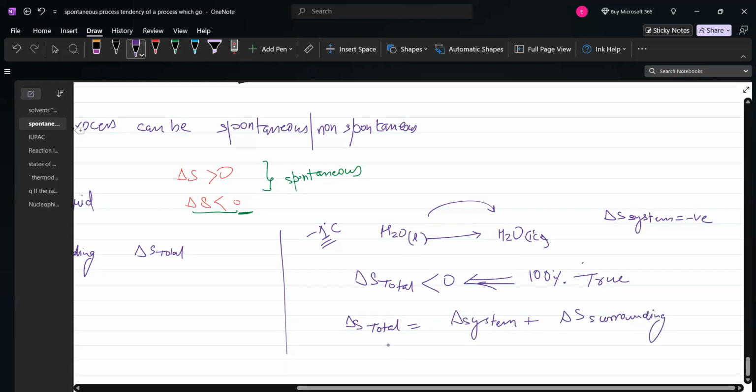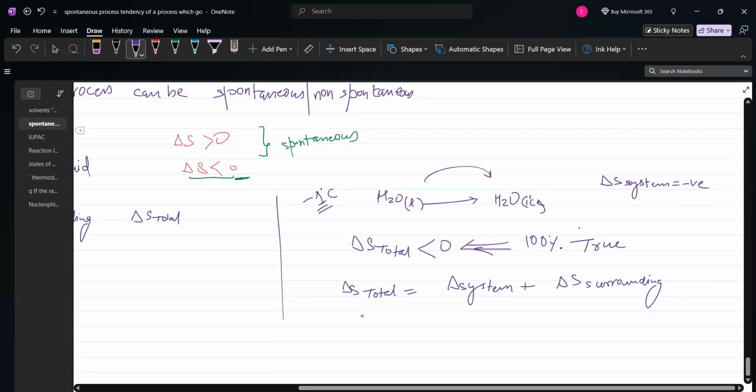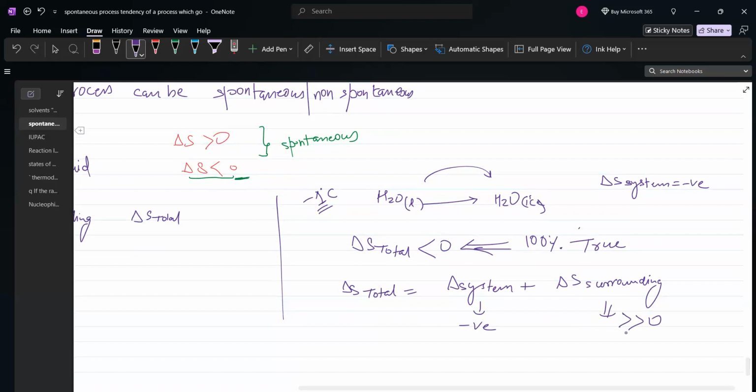So what happens? Here delta S of system is negative, and delta S of surrounding is very, very high in positive terms. Therefore, delta S total becomes positive.